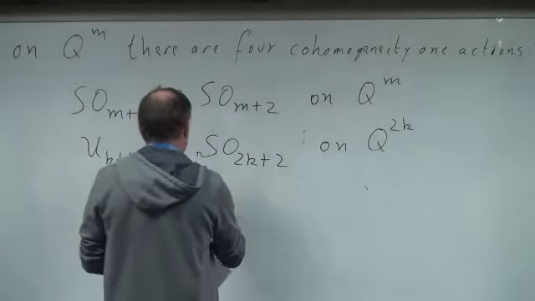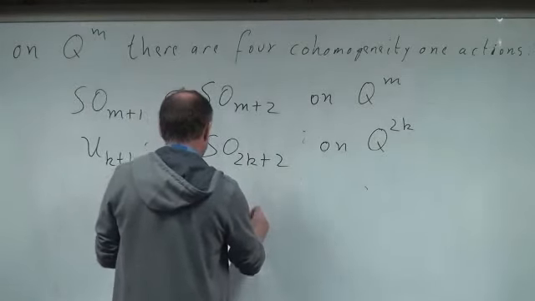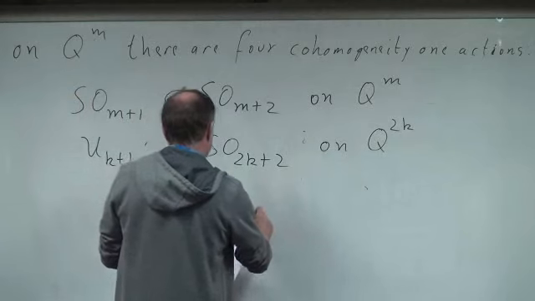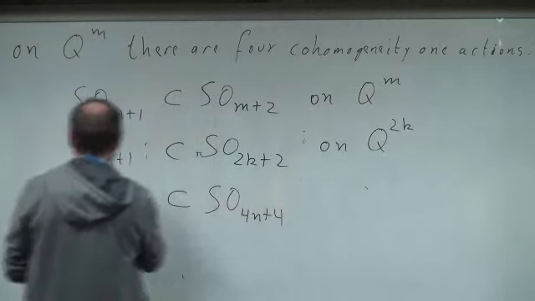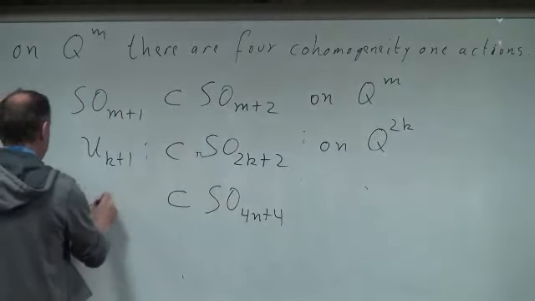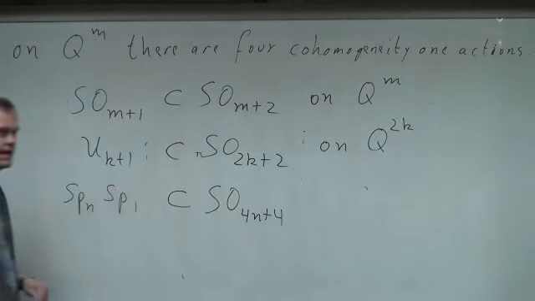So then inside SO(4n+4), we have as a subgroup Sp(n+1) times Sp(1).